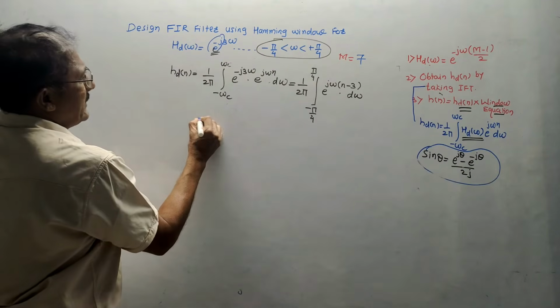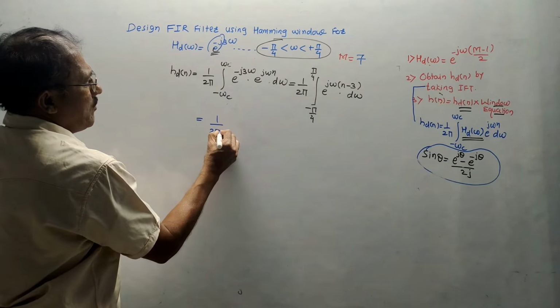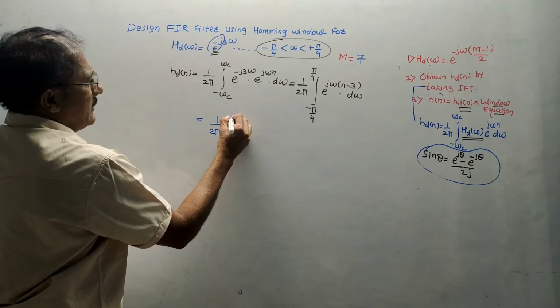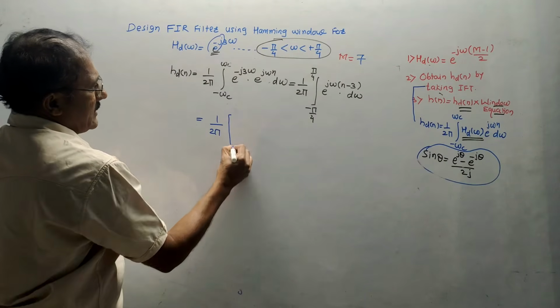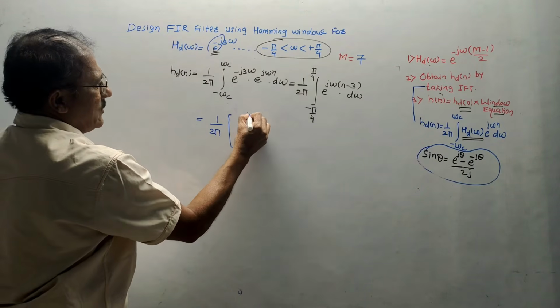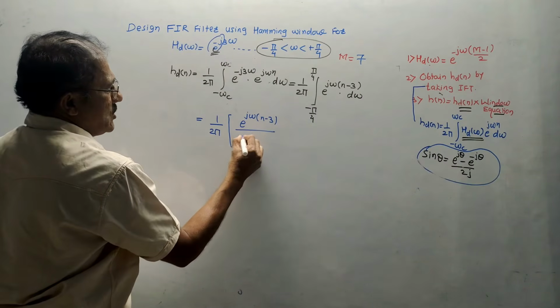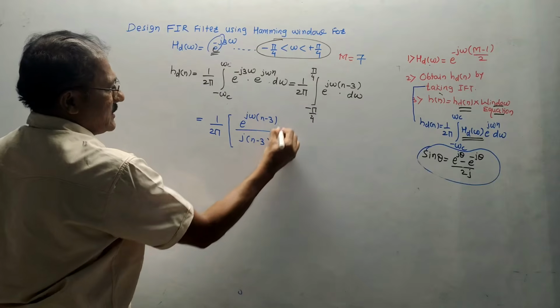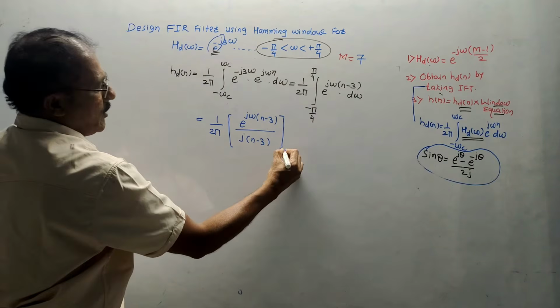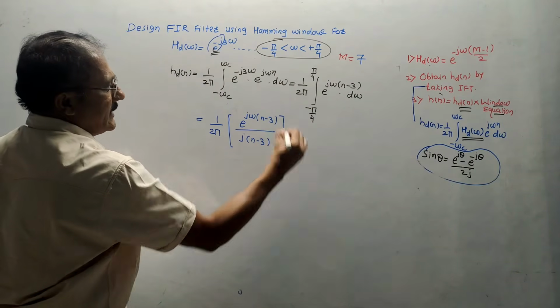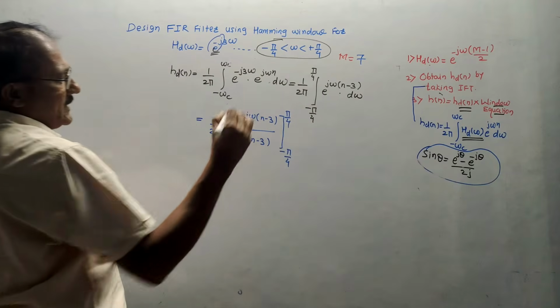So it can be further simplified as 1 by 2 pi. This integration answer I will directly write: e raised to j omega (n minus 3) upon j (n minus 3), which is pretty similar to the earlier problem. Limits are different, that is minus pi by 4 to plus pi by 4.